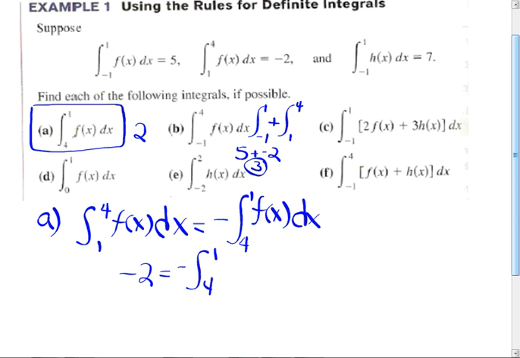Try C. Adam, try C. You have to pull the constant out. Pull the constant out. I'll show you how to do the other stuff on that. What'd you get for C? 31, yeah.